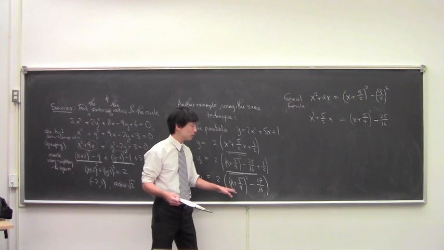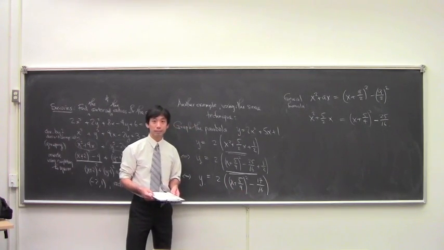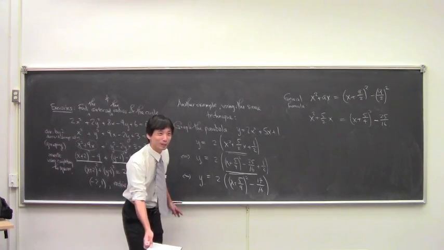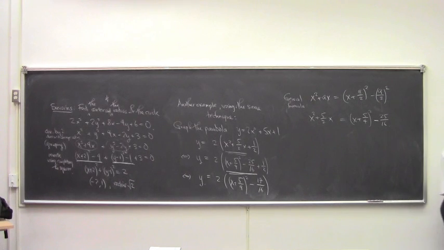For what x is this thing going to be the smallest? Don't shout it out. Think about it for a minute, and you can talk to each other. For what x is the y going to be the smallest?